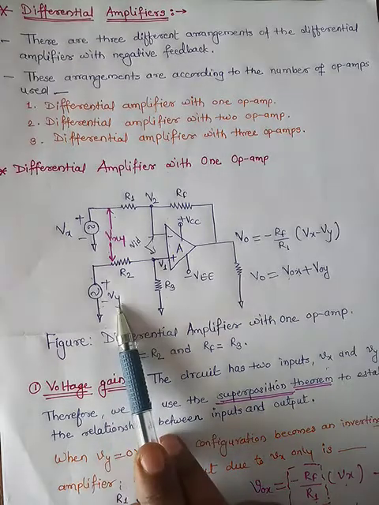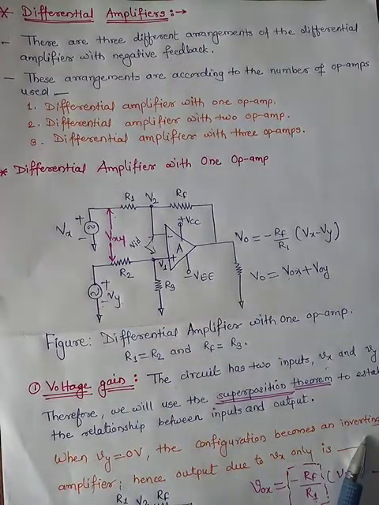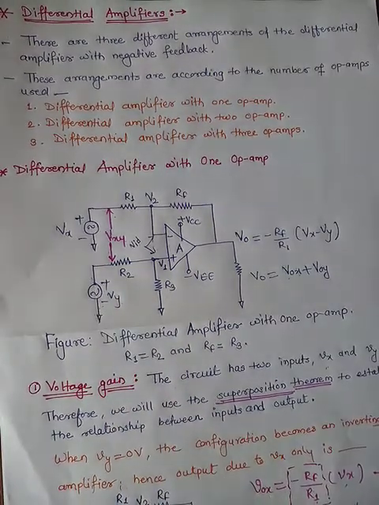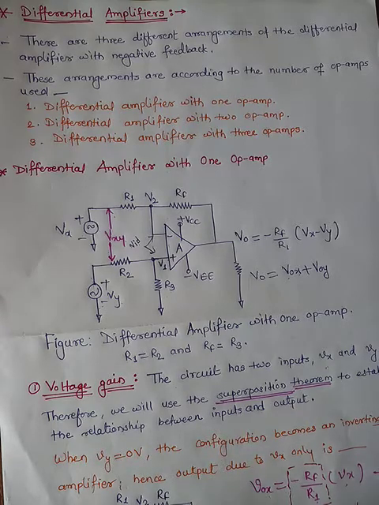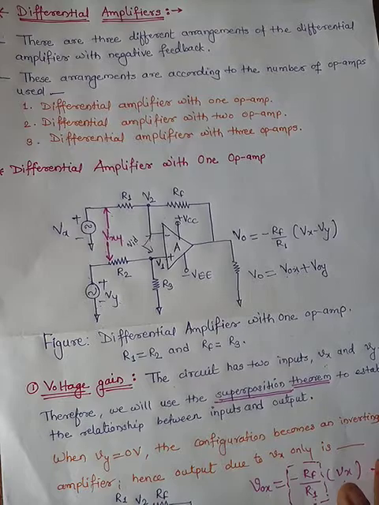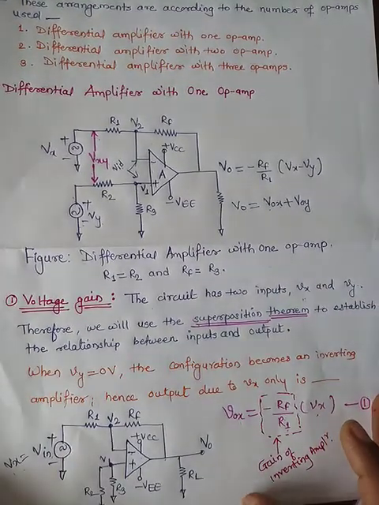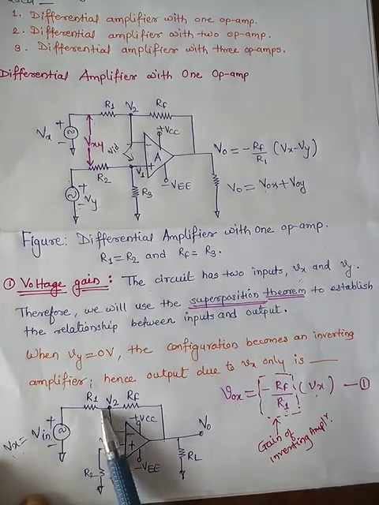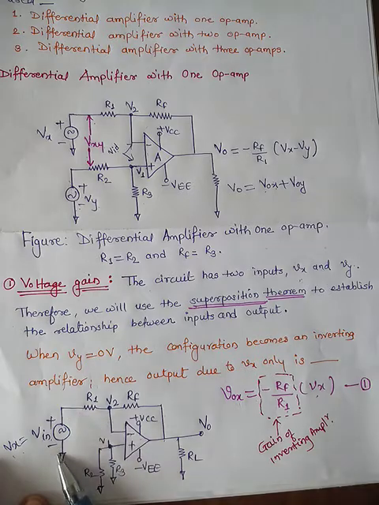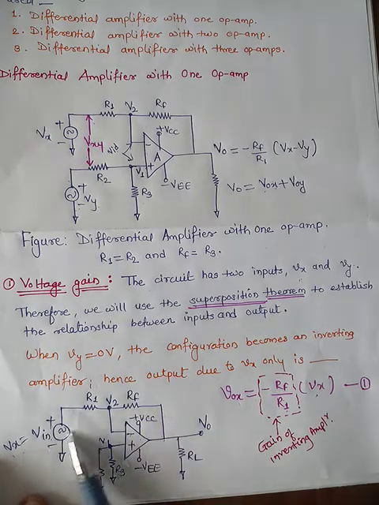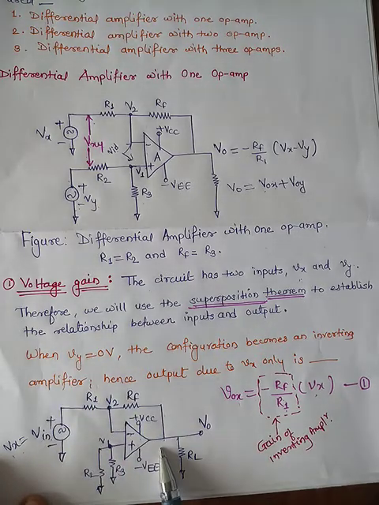When Vy is equal to 0, it means this will get grounded. In the equivalent circuit, Vy is 0 means R2 is connected to ground, so only Vx is present. When input is present only at the inverting input terminal, the op amp is said to be working in an inverting configuration, so it is an inverting amplifier.